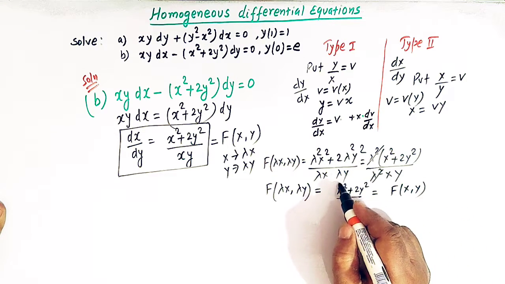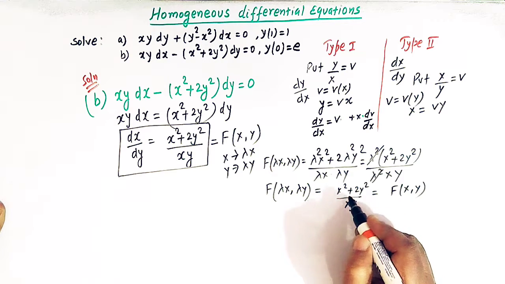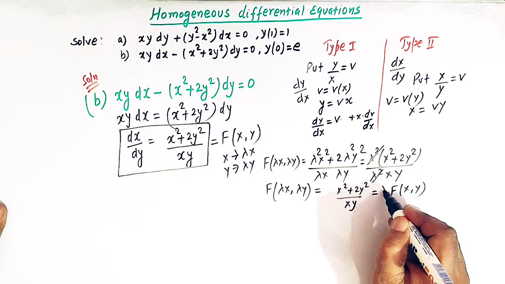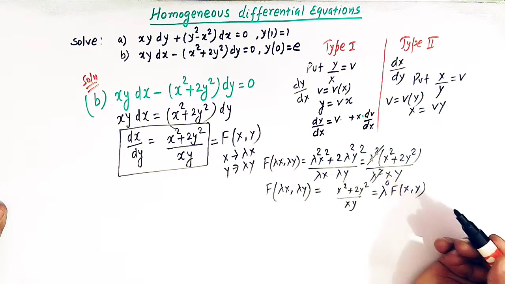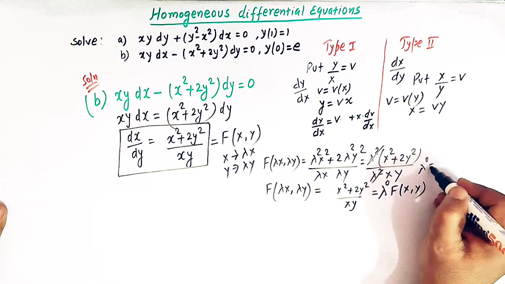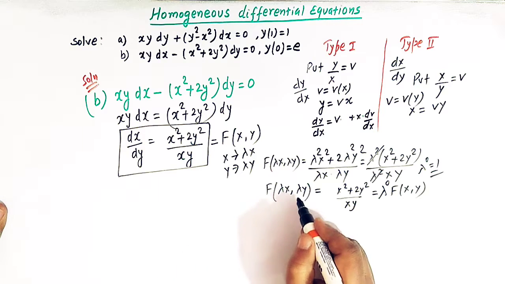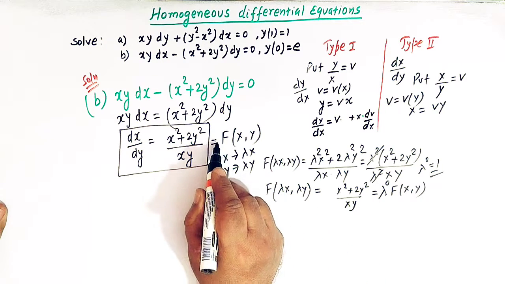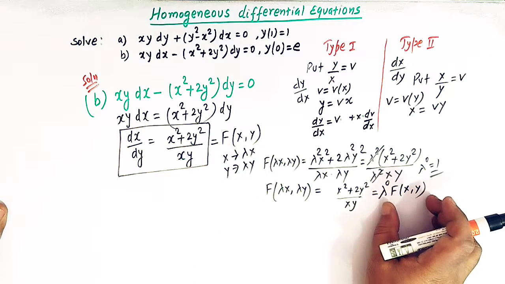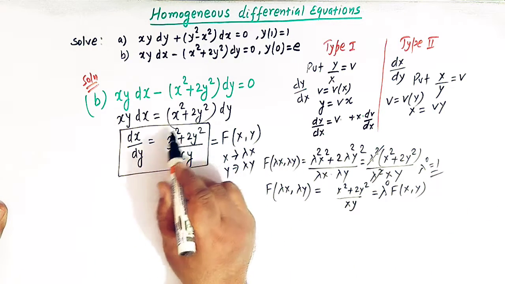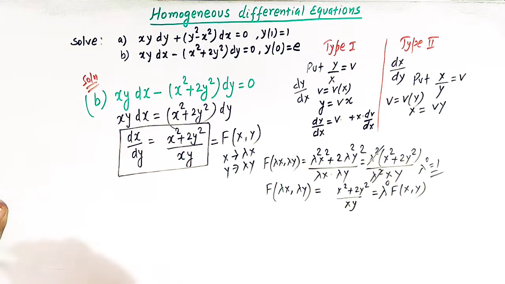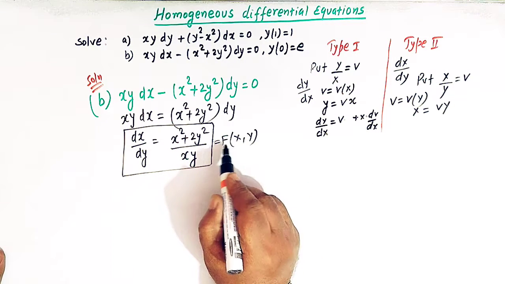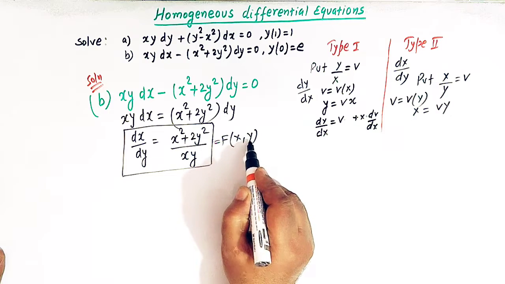So it means this function is independent of lambda, right? So we can also write it here lambda raised to 0, because lambda raised to 0 is equal to 1. So whenever we express a function f of x comma y like this, then the function is said to be homogeneous, right?